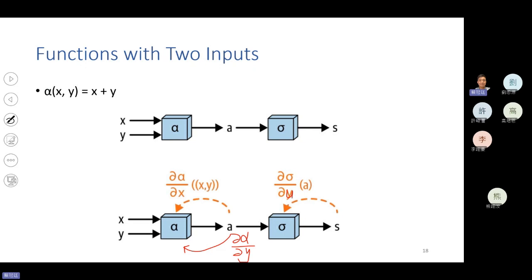So the first will be the derivative against the alpha function, and then we will do partial derivative for variable x and variable y.